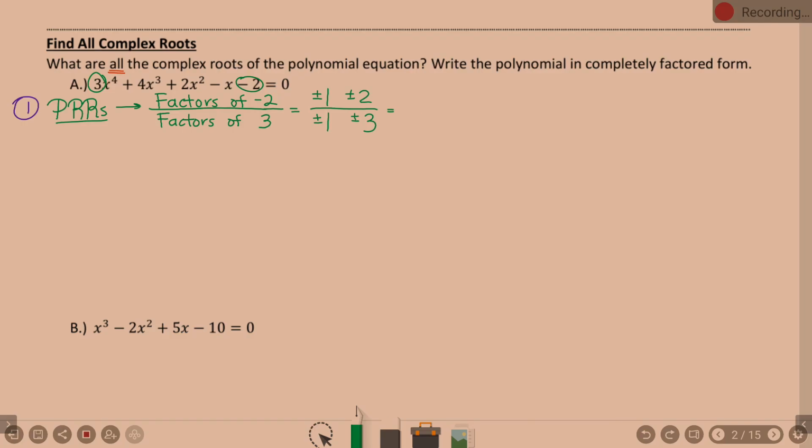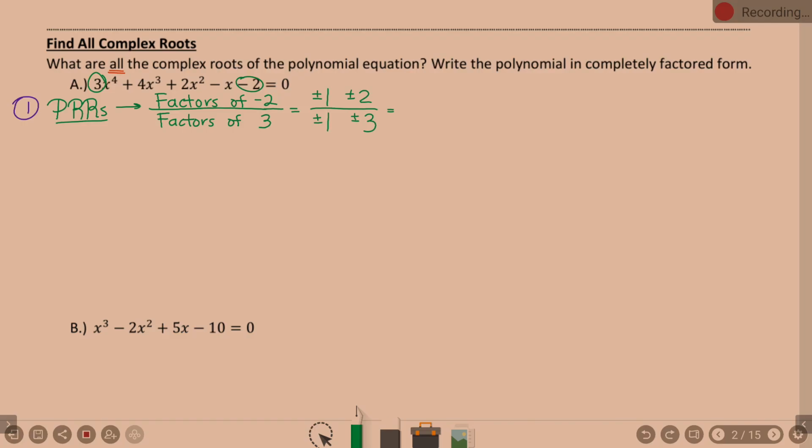Now, in this problem, in a way, I get it if you stop right here. Okay, here's the deal. We're not just finding PRRs on this problem. So if you opted to leave it like this and just look at your answers from here, you could. Personally, I'm going to encourage you to write them out. So let's write them out. Start by putting everything over the 1.